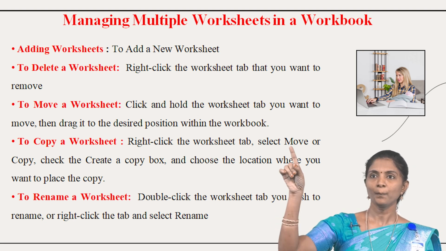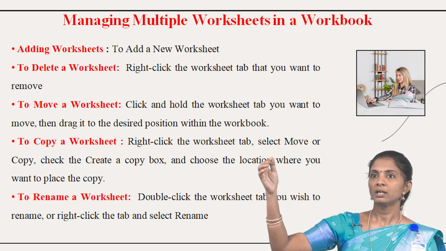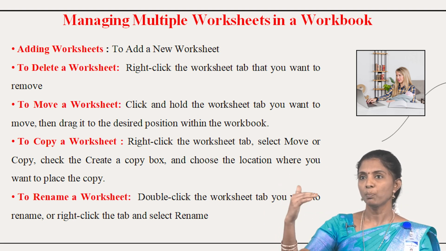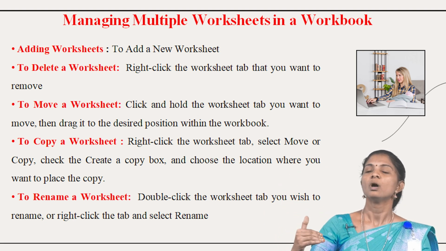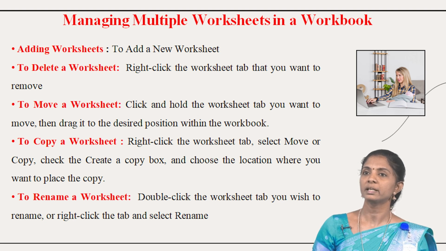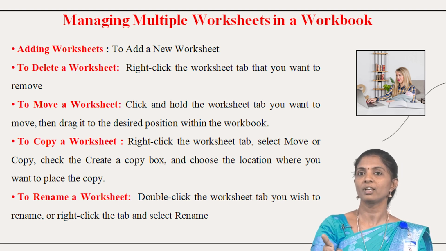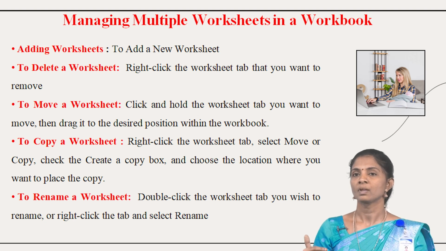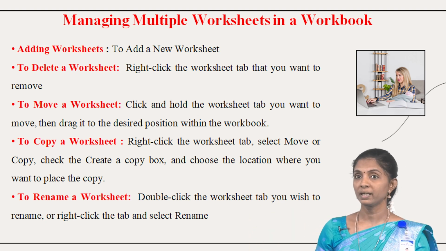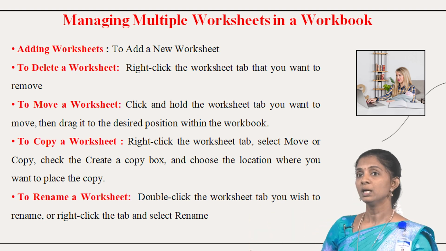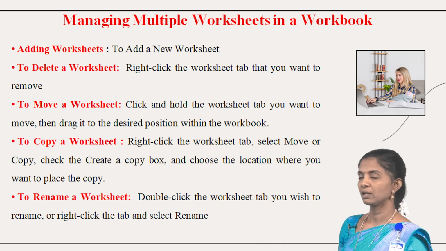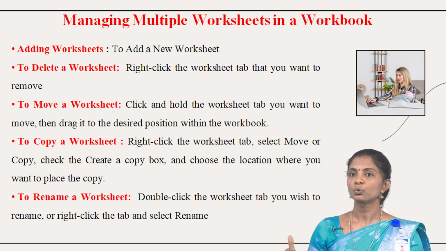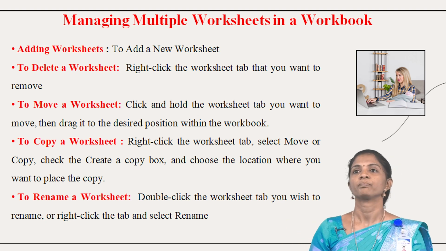Click on the plus icon next to the existing worksheet tabs at the bottom of the Excel window, or use the shortcut key Shift plus F11 to quickly add a new sheet. A new worksheet is automatically named Sheet1, Sheet2, Sheet3, etc., but can be renamed to reflect the contents.